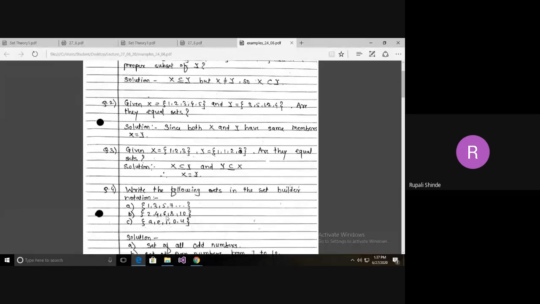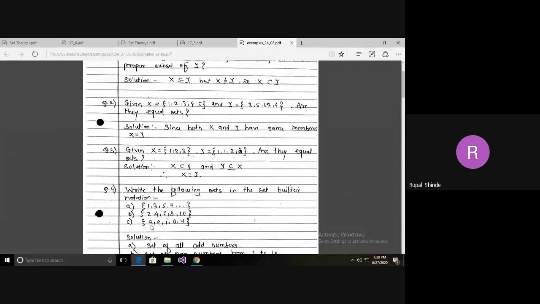Next one. How can we define this second set? Set of even numbers, but the limit is up to 10. So here we can say this set will include even numbers from 1 to 10.